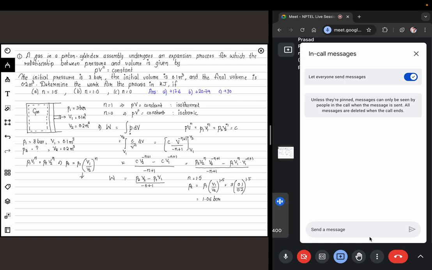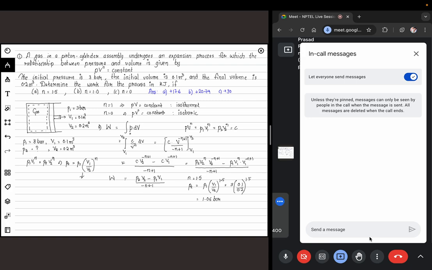So you can just check and confirm the values. Yeah, I guess the value is correct. So what do we have now? So now we have P2.